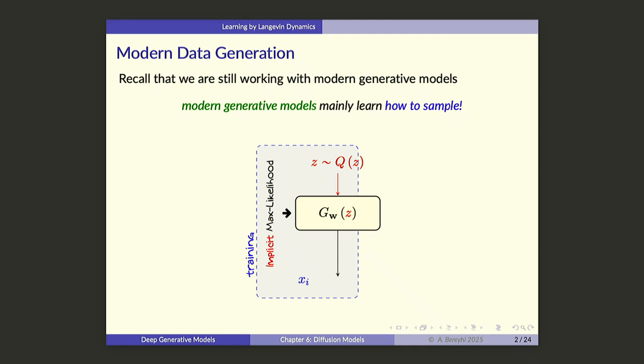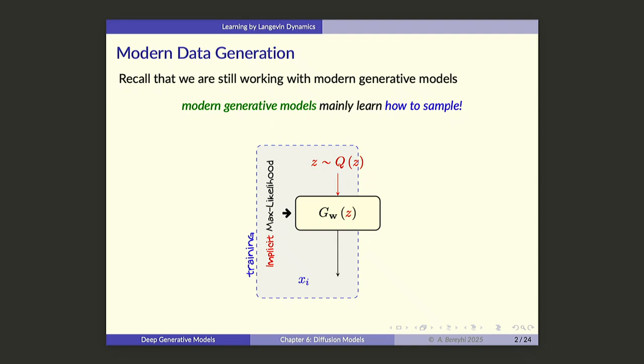They are looking for a way to be able to sample from the data distribution, and they don't care if the data distribution is learned in between or not. Up to this point, with GAN and VAE, you have seen that at the end of the day, you don't have the explicit expression of the data distribution, and you don't care, because you can sample from it. That's the only thing you need.